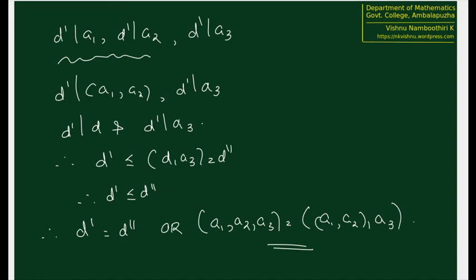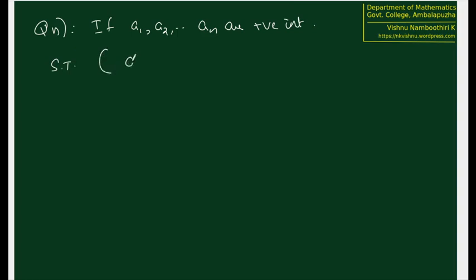A generalization of this statement I am leaving as an exercise, and the question is the following. If A1, A2, etc., An are positive integers, then the GCD of A1 to An is the same as the GCD of the GCD of A1, A2, etc., An minus 1, and then An.